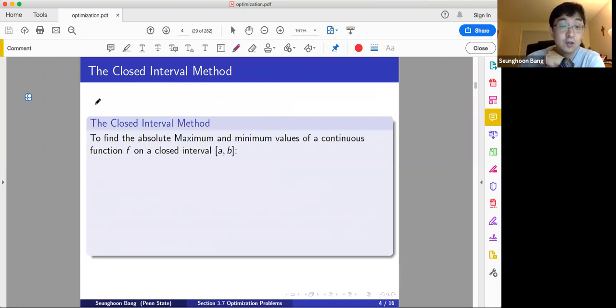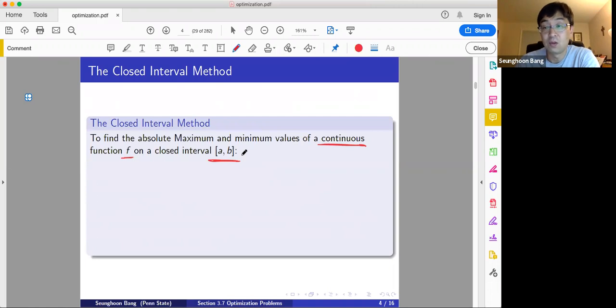So we have two conditions for using the closed interval method: the function f is continuous, and the interval is a closed interval. For example, if the domain is an open interval, don't use the closed interval method. If the function f is discontinuous, don't use the closed interval method. Only when f is continuous and the domain is a closed interval can we use the closed interval method.